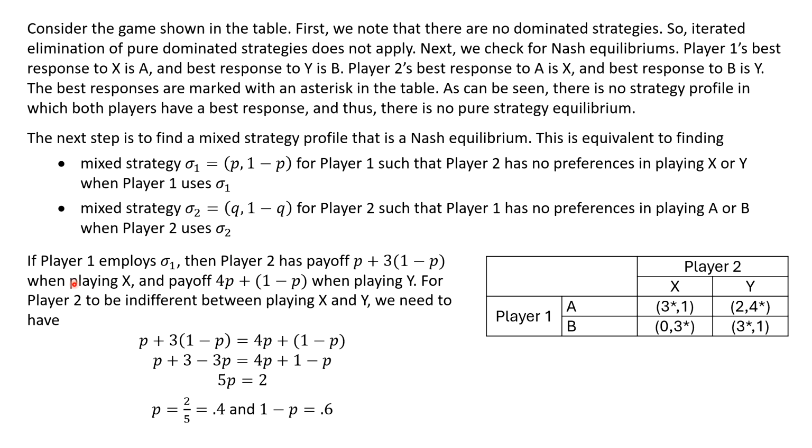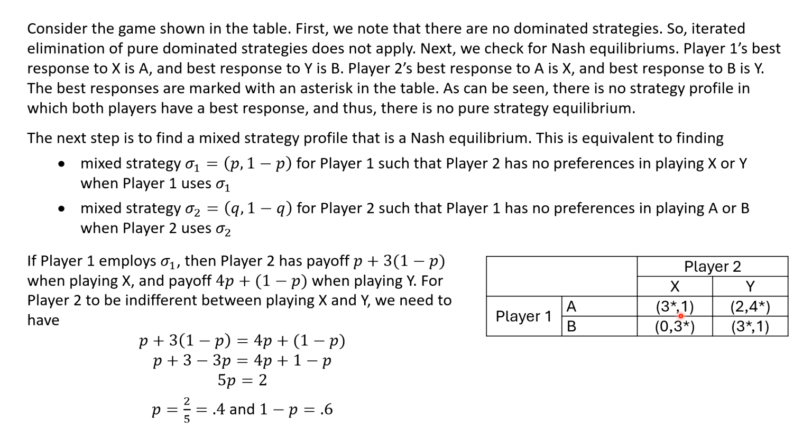Okay, so let's do the computation for this one first. If player 1 employs the sigma sub 1 mixed strategy, then player 2 has a payoff.